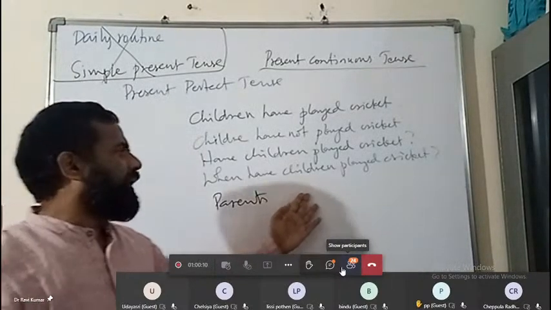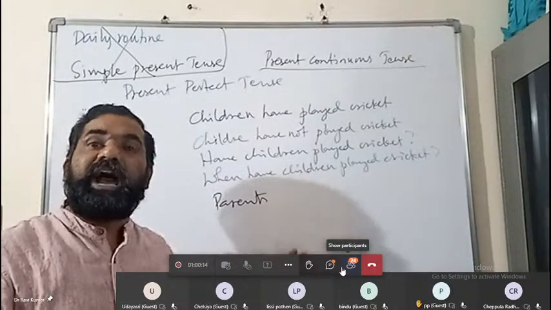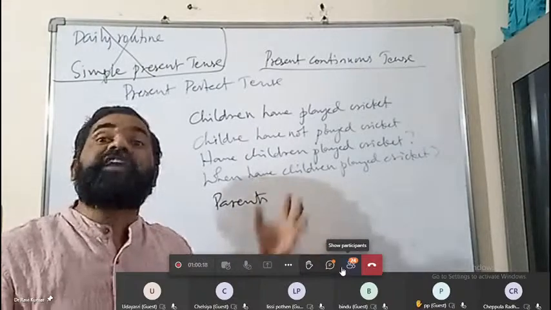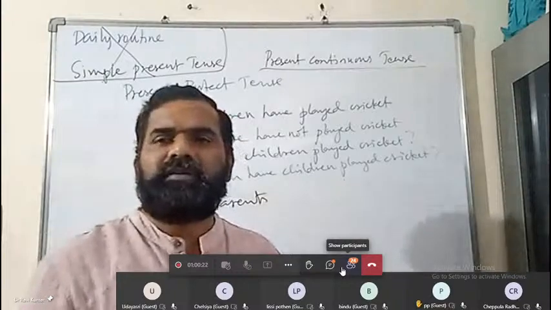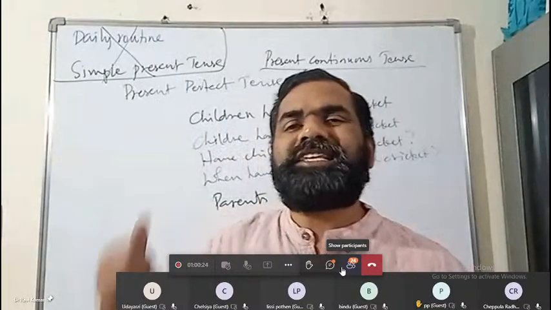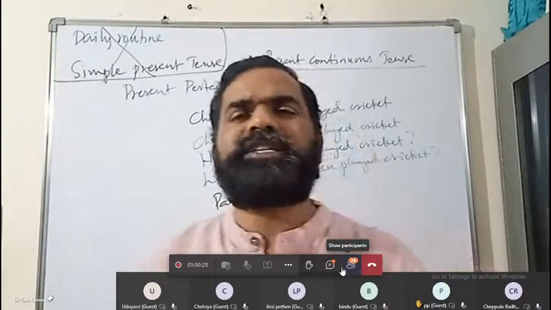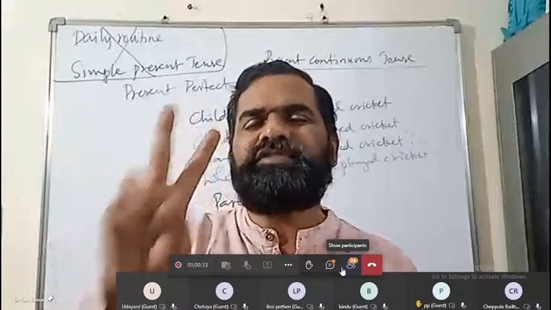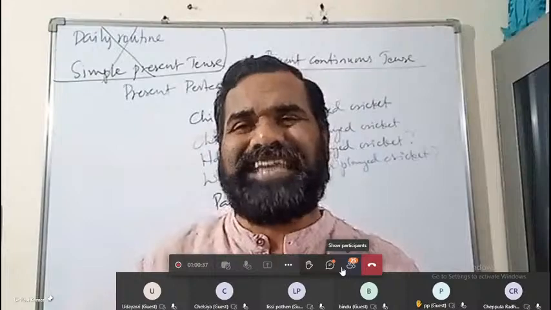Yeah. Parents have come here. Parents have not come here. Have parents come here? Why have parents come here? Or when have parents come here? Understood? So this is how we can write for singular subject and plural subject: positive sentence, negative sentence, yes or no question sentence, WH question sentence.